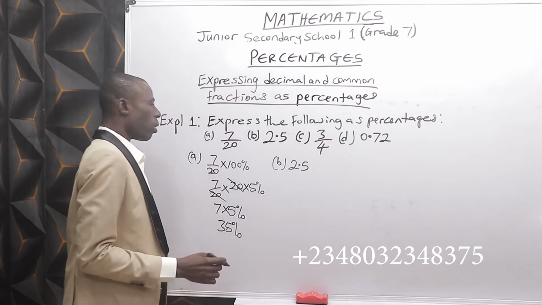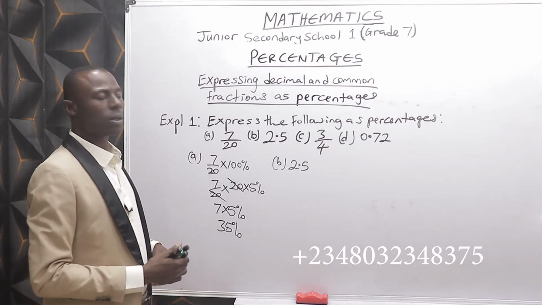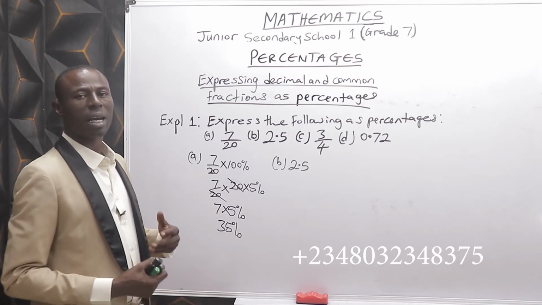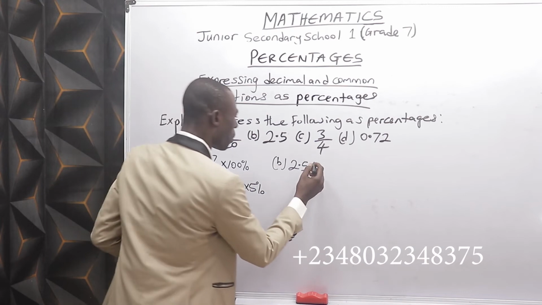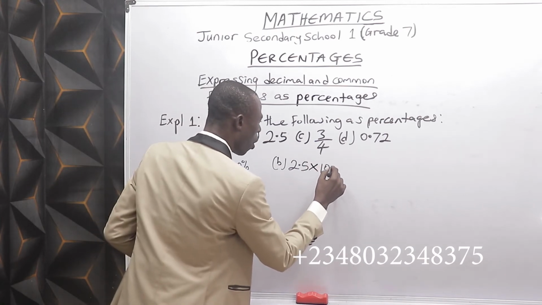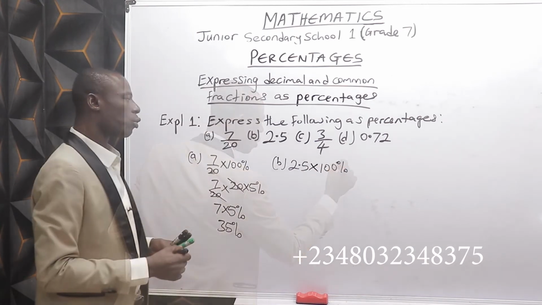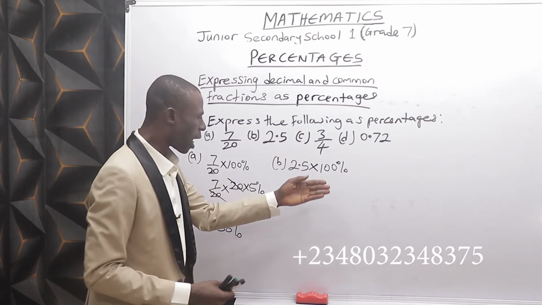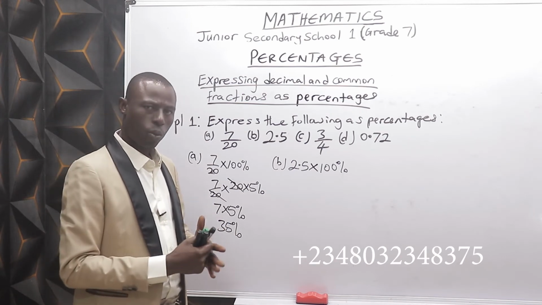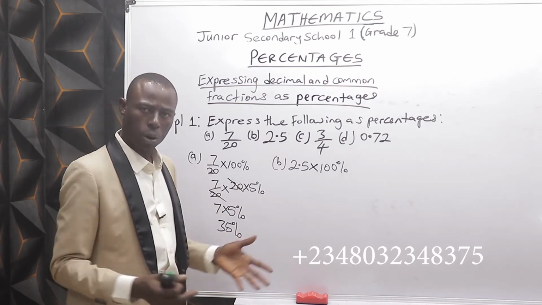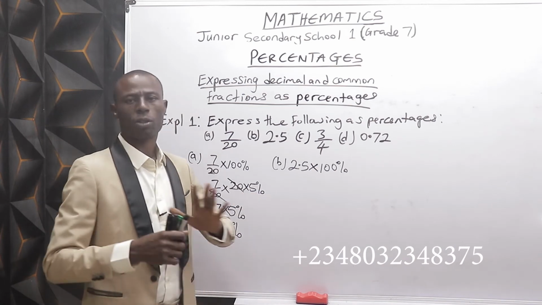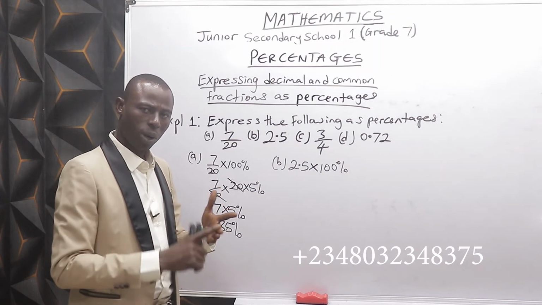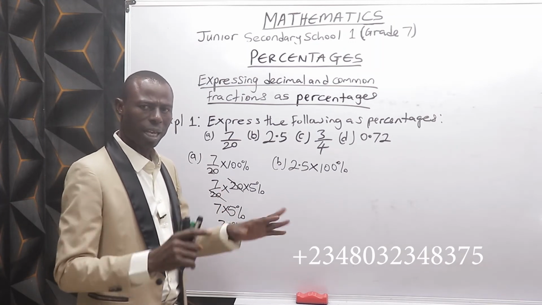Question B: 2.5. 2.5 is a decimal fraction. To express it as a percentage, we just multiply it by 100%. And don't forget, as I have taught you before, anytime you multiply a number, whether decimal fraction or a whole number, by powers of 10, what do we refer to as powers of 10? 10, 100, 1,000, 10,000, million, like that.